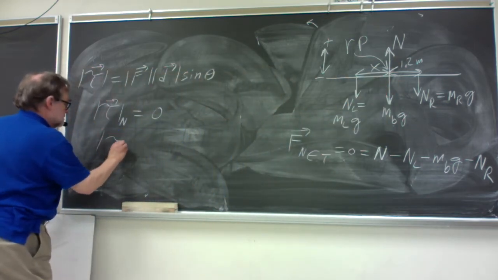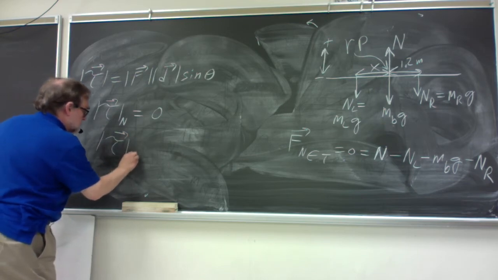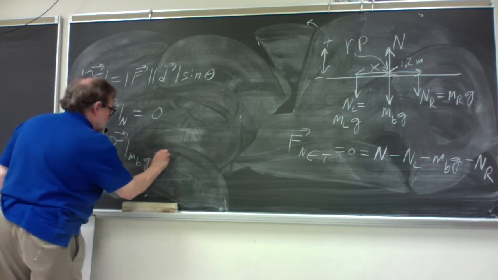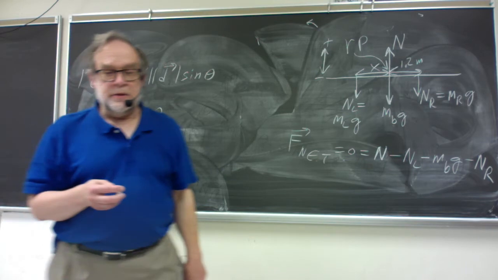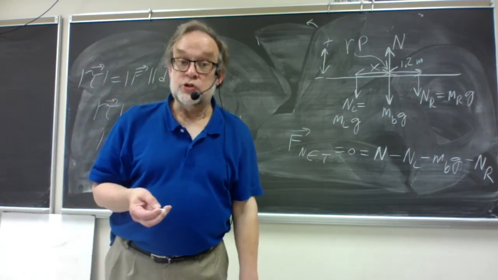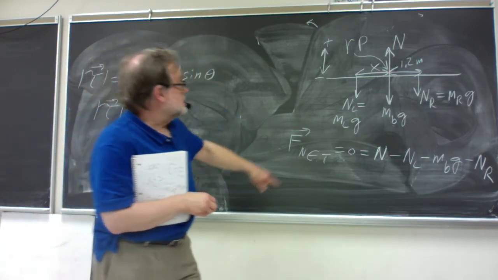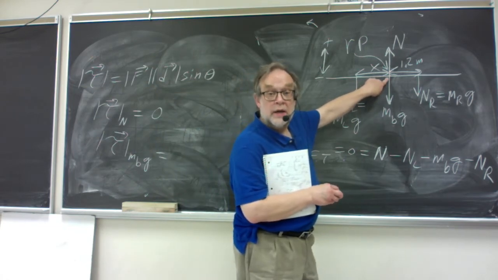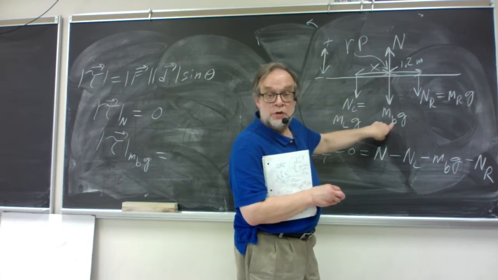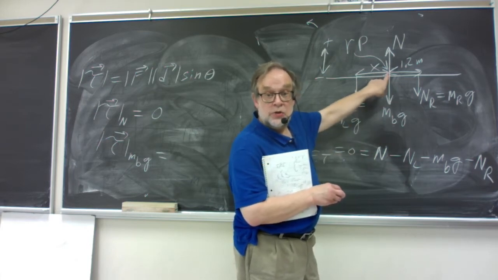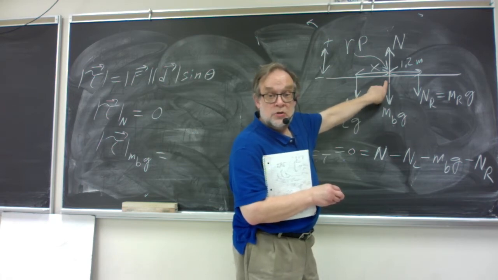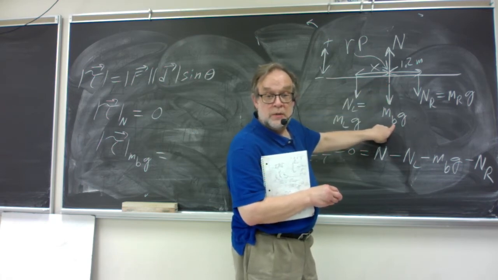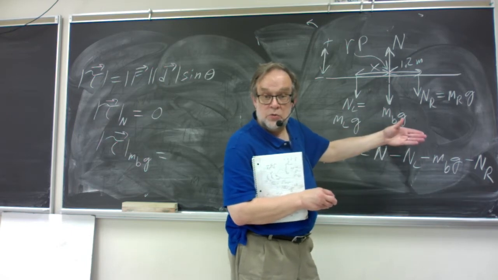Likewise, the torque caused by the weight of the board is also zero, because that force is being applied right on the reference point. The center of gravity, where this weight force pulls, is also the reference point. So the distance from the reference point to the point where this force is being applied is again zero.